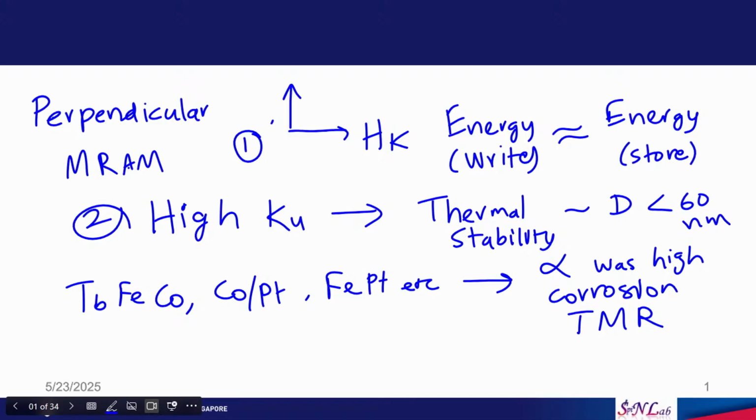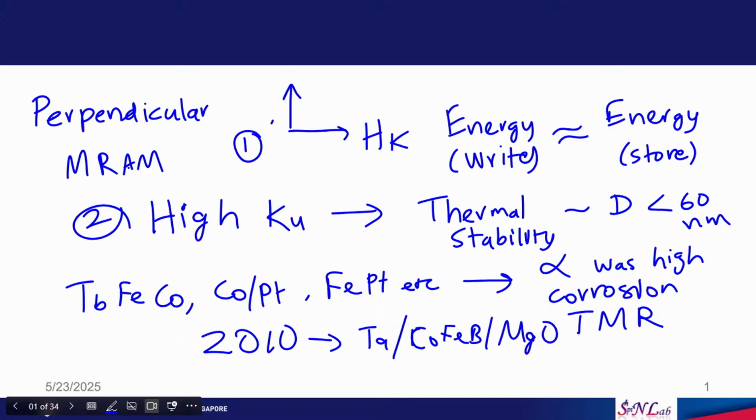So, for a long time people did not know how to achieve perpendicular MRAM until 2010, when the group of Tohoku University came up with this structure: tantalum, cobalt iron boron, magnesium oxide, where if you make the cobalt iron boron very thin, for example, around 1 nanometer, you can achieve perpendicular MRAM. Okay.